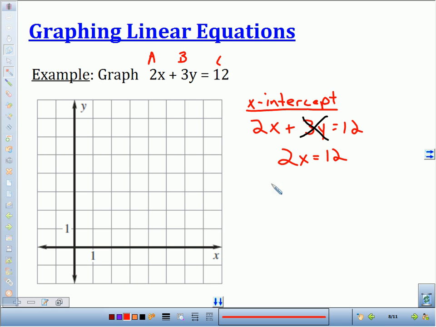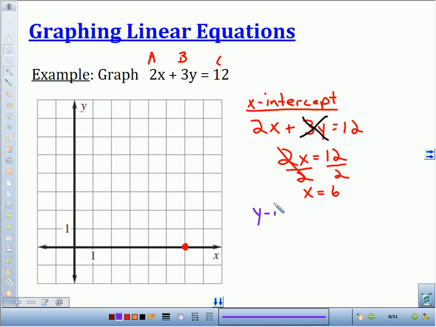I've completely ignored 3y. I can divide both sides by 2, and I get x equals 6. So my x-intercept is where x equals 6, and I'll go ahead and plot that. Since this is the x-intercept, that's where it crosses the x-axis. And it's at 1, 2, 3, 4, 5, 6. Here's my x-intercept that I just found.